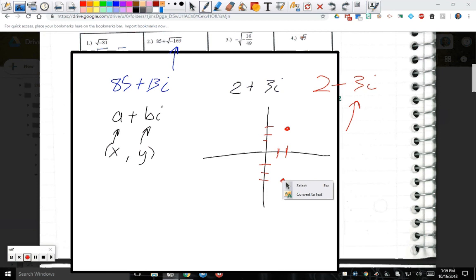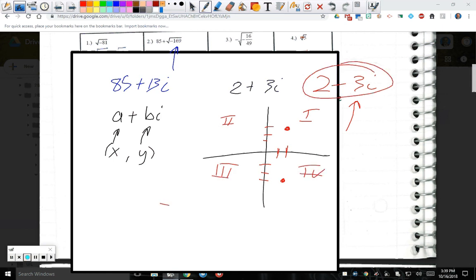These are the locations based upon the quadrants. Quadrant 1, 2, 3, and then 4, based off of what the relationship between a and b and x and y are. Okay?